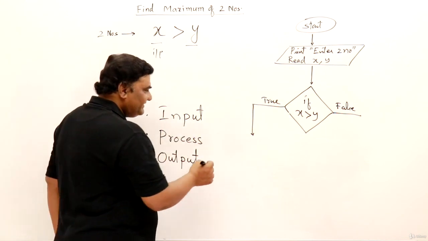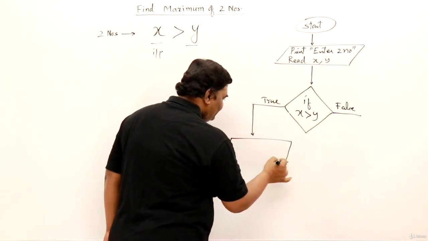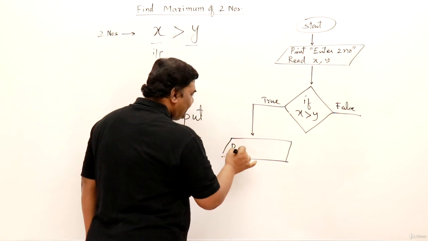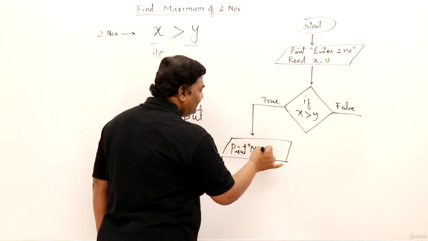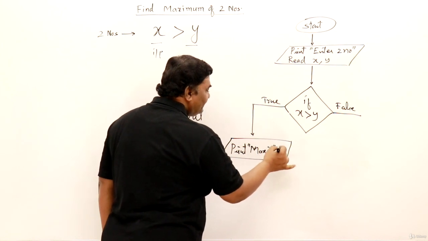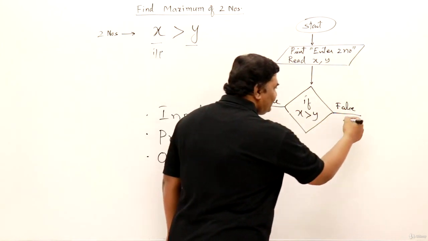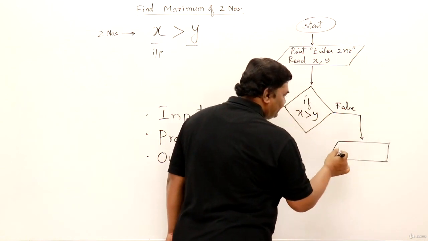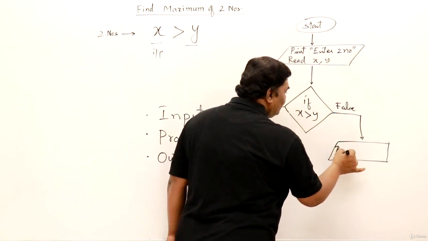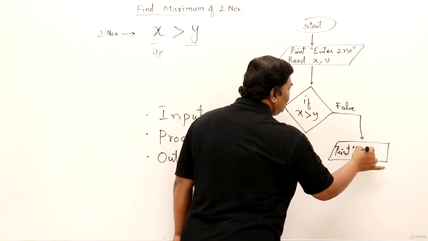So I should print a message that x is greater. So here I will directly print max number is, or max is x. Right? Then false. If it is false, then who is greater? Y is greater. So maximum is y. So print here max is y.